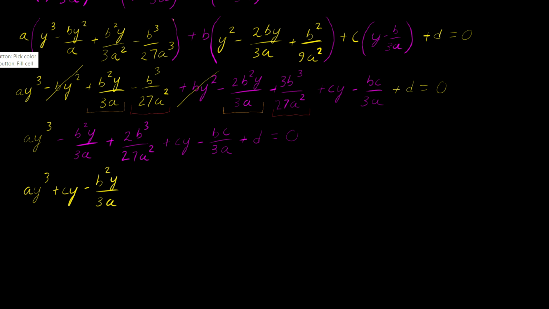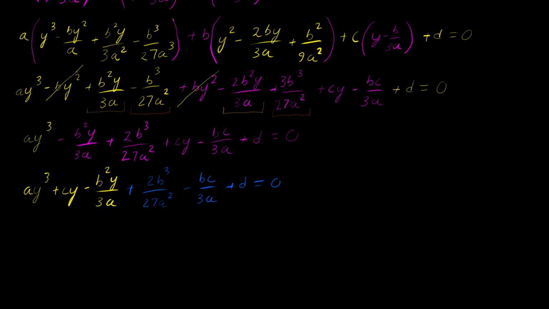And now let's just rewrite whatever's left over. It's not going to be in terms of y. So we've got our 2b cubed over 27a squared. And we've got our negative bc over 3a. And we've got our plus d is equal to 0.